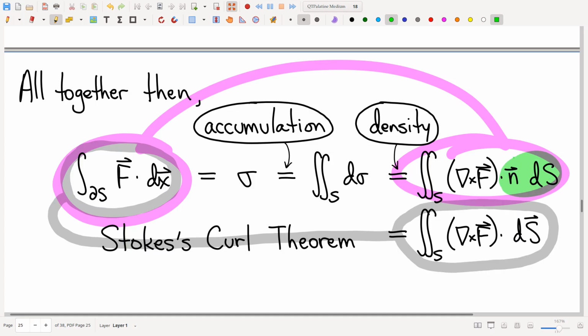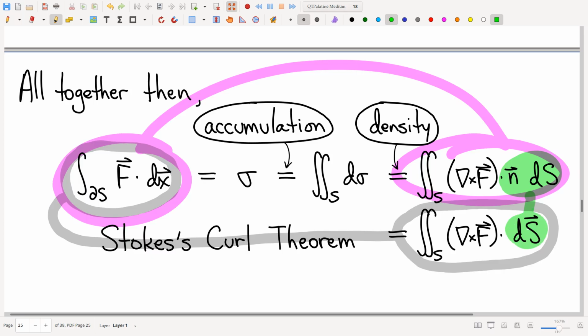Seemingly in a lucky coincidence, we have dS. It came up coincidentally. I was not thinking of this as a flux argument, right? I was thinking about literally adding up scalar quantities of circulation, adding up over a surface. I was expecting this to turn out, as it appeared at a glance, as a scalar surface integral, but the density just happens to have a dot in it, and n dS is our dS vector.